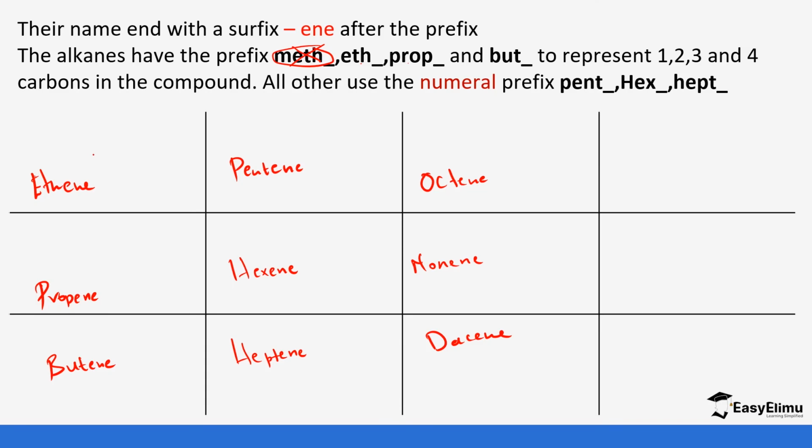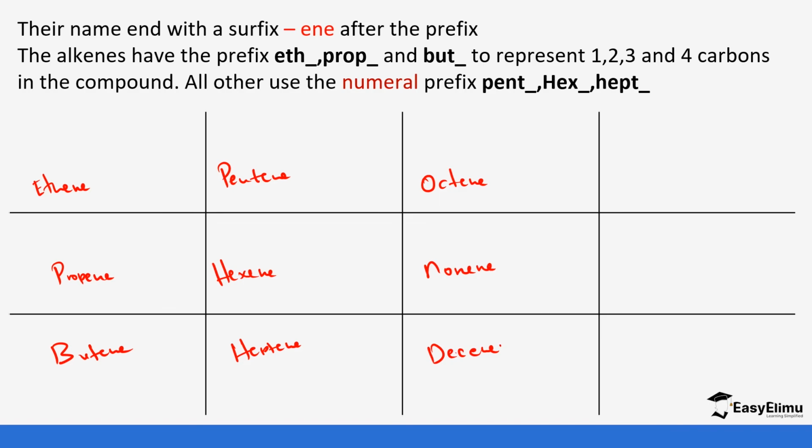So you notice when you're asked a question in regards to alkenes and you're asked to write the first member, it is ethene, it's not methene. So first member, second, third, fourth, fifth, sixth, seventh, eighth, ninth, and so on and so forth. So when you're asked to mention maybe the fourth member, normally the fourth member would be butane in an alkane, but the fourth member in alkenes is going to be pentene.